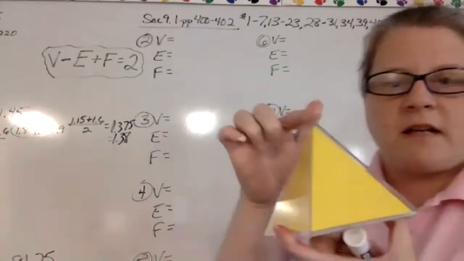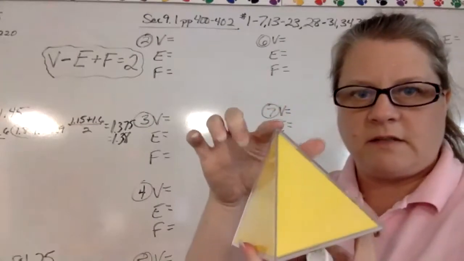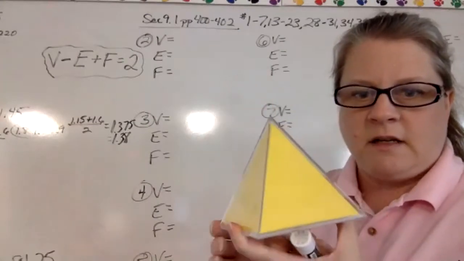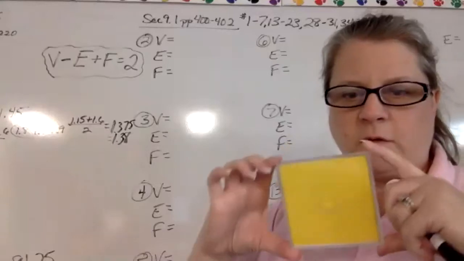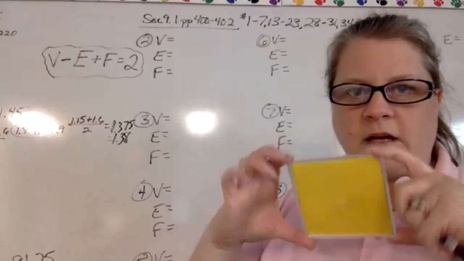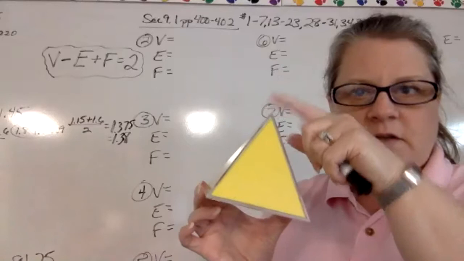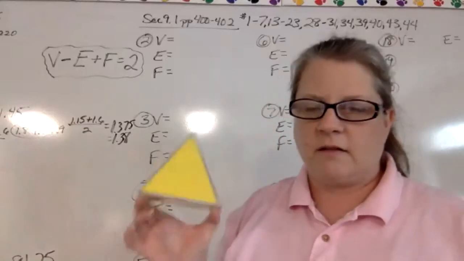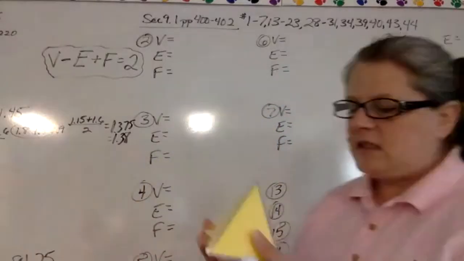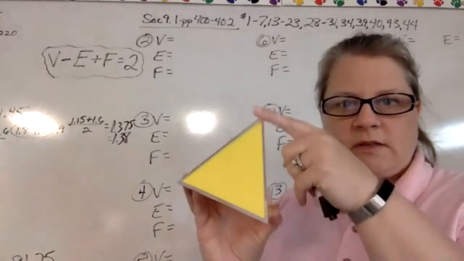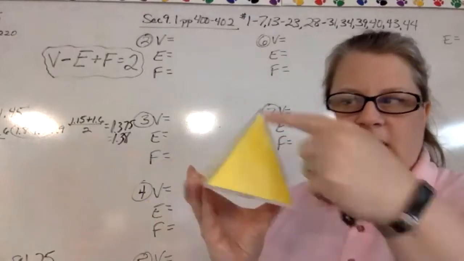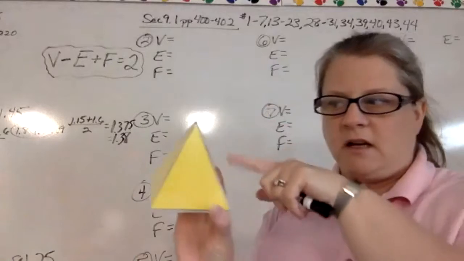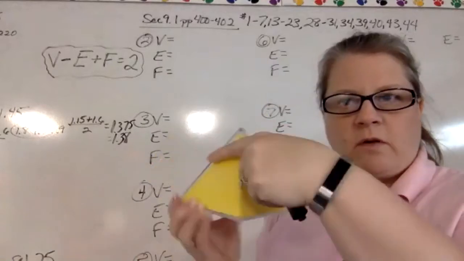Remember, our vertices are the points, the corners. So this is a vertex, this is a vertex. Okay, so I've got the 4 vertices that are on the bottom, plus this one. So there's 5 vertices, okay? Edges are the lines where the two sides meet. So there's an edge here, edge here, edge here, edge here. So you got 4 going around here.